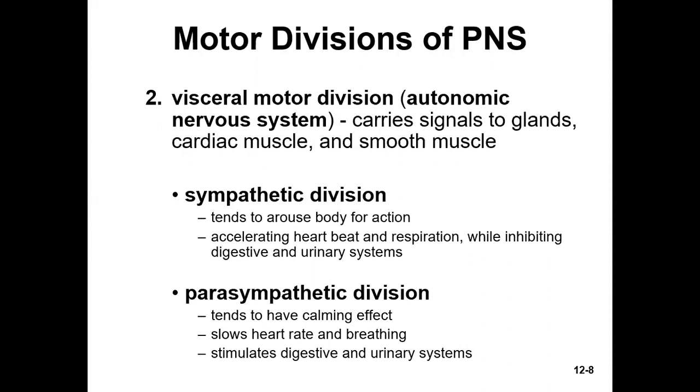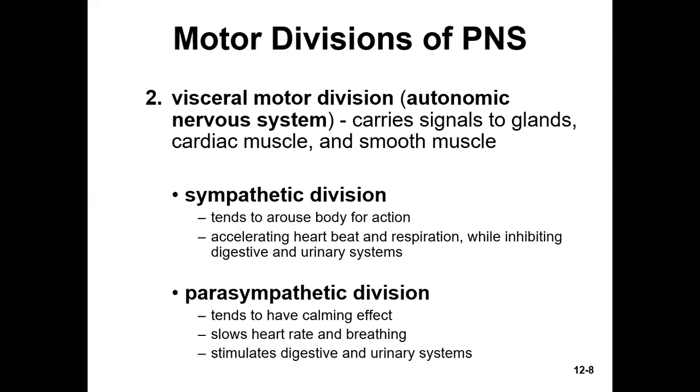The sympathetic division of the autonomic nervous system, this is your fight or flight response. This is, are you going to fight the tiger, run from the tiger, freeze, or fawn? This gets the body ready for the interaction.